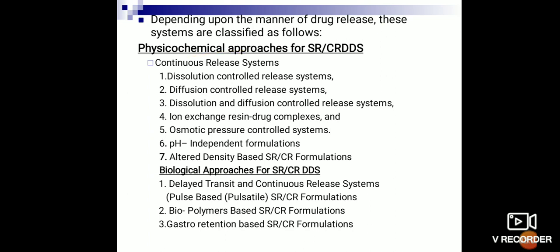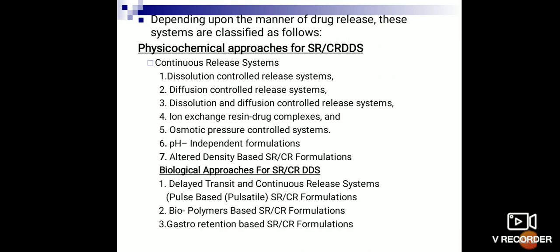The physicochemical approach is divided into dissolution control release, diffusion control release, dissolution and diffusion control release, ion exchange resin drug complex, osmotic pressure control system, pH independent formulations, and altered density based controlled release or sustained release formulation.